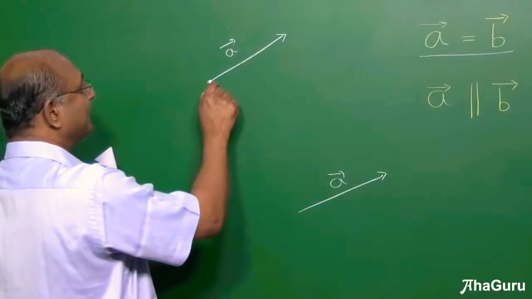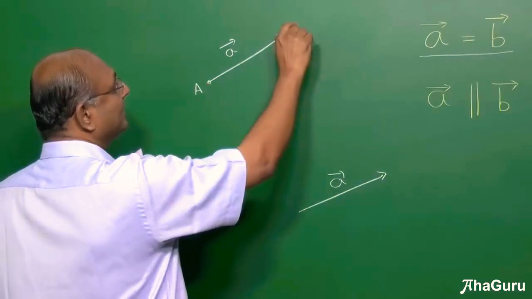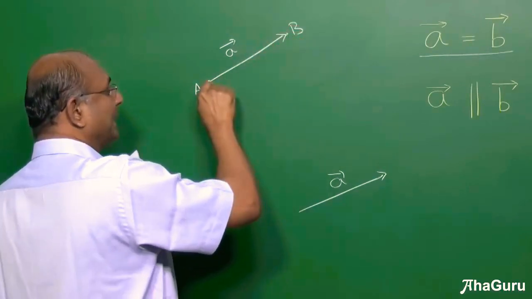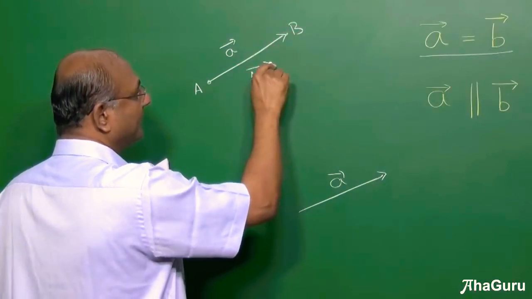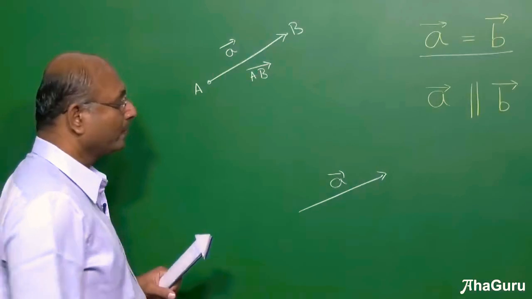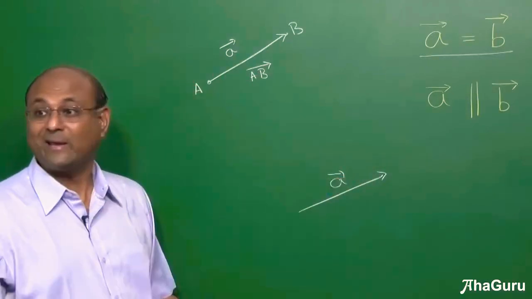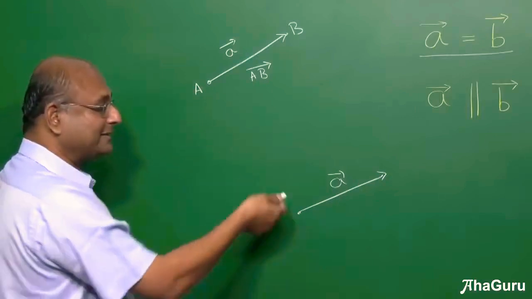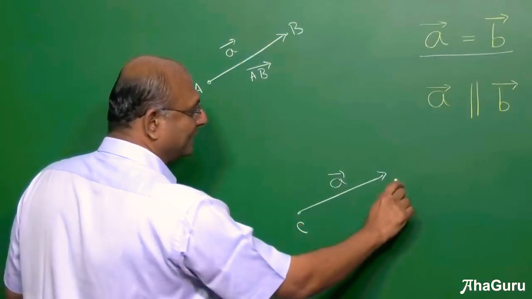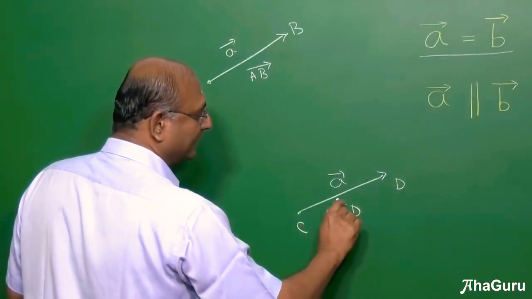Now you also know that there is a way to write vectors. This is starting point A, ending point B. So we call this vector AB. So what is this vector? Also AB. But is the starting point A? No, right? The starting point is something else. So let's call this C, call that D, CD.